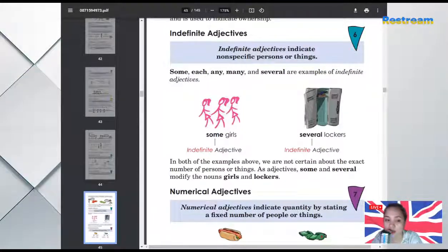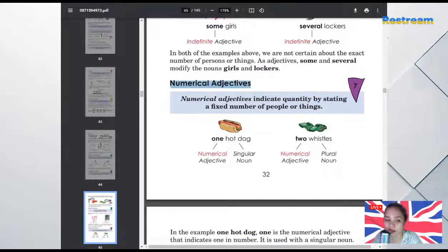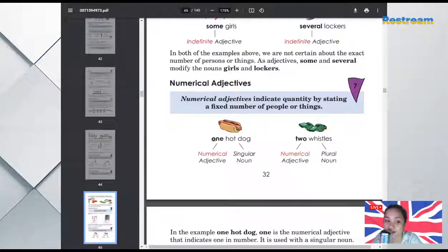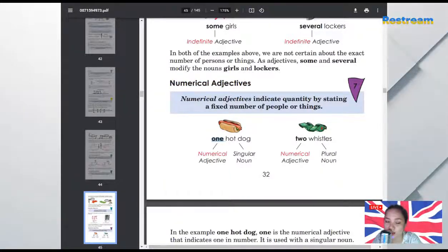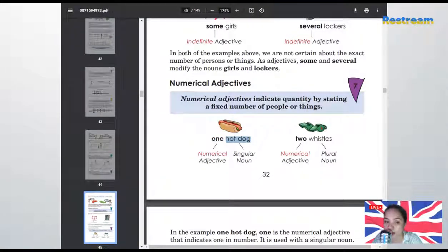While for the numerical adjectives, we use numbers like 1, 2, 3, 4, 5 until 10 to give the specific number of a noun. For example, we have here one hot dog. Hot dog is a noun, and we use the number one to be specific.